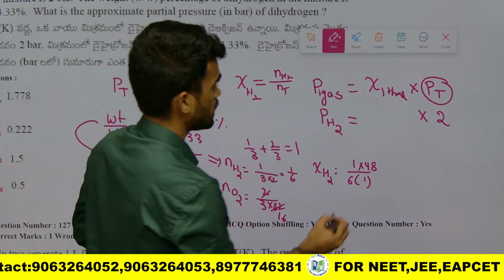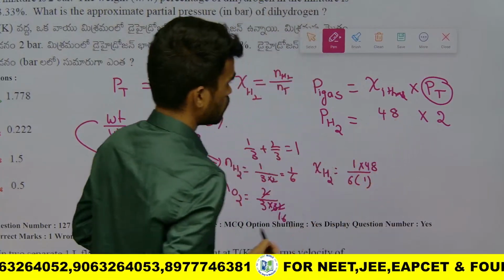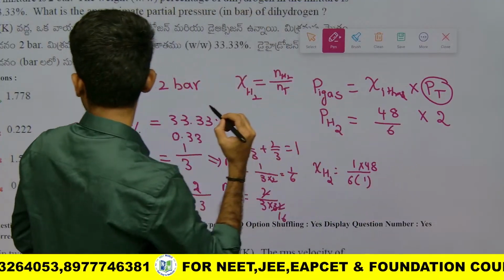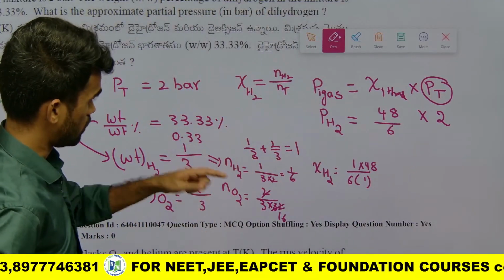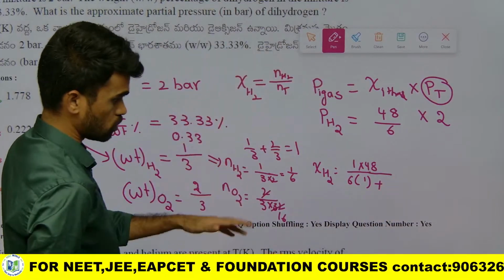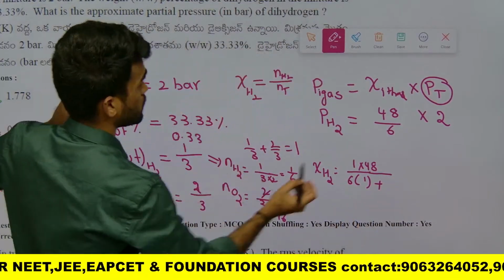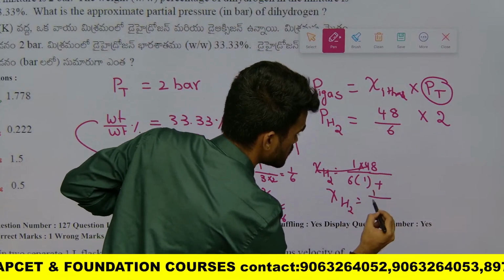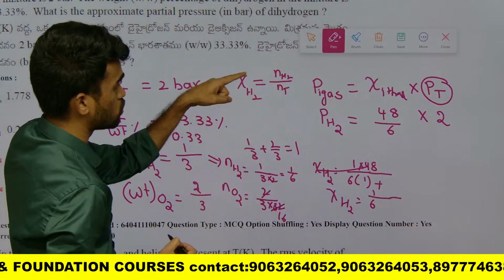So let me take here once again, NH2 equals 1 by 6. This is the number of moles of hydrogen I have taken.